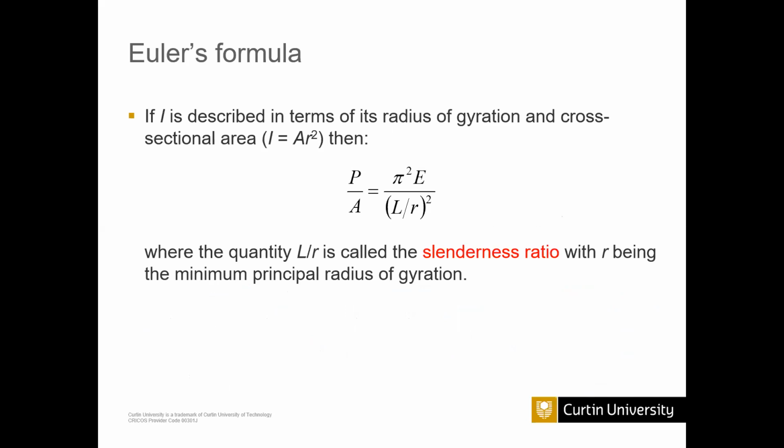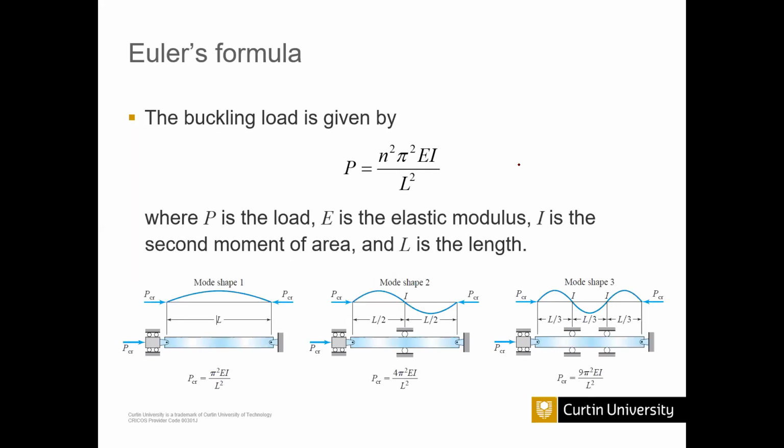So as I told you, we will rearrange this equation. If you know second moment of inertia, that is I, we can replace it with A R squared. A means cross-sectional area, R means radius of gyration. Okay, that is very important. Same equation. Okay, this equation.